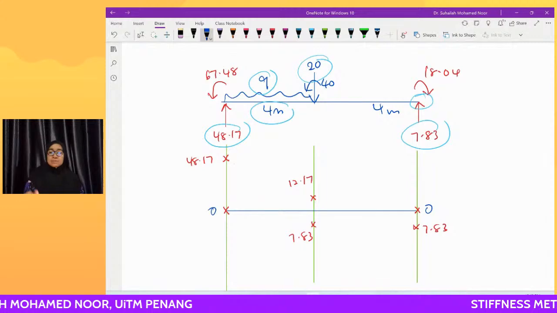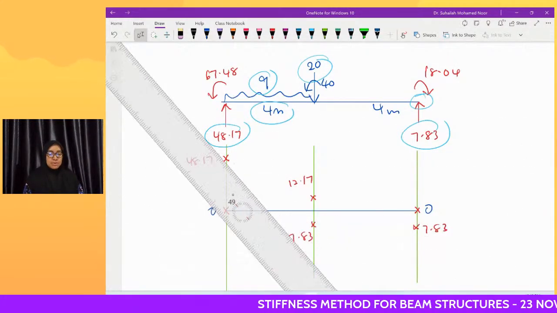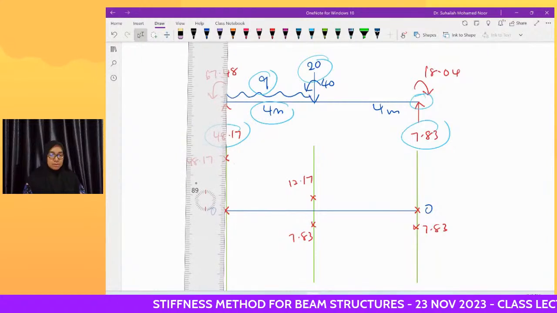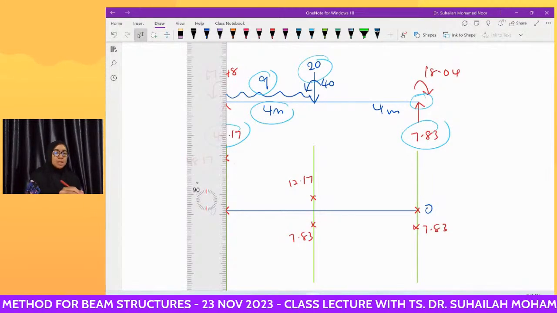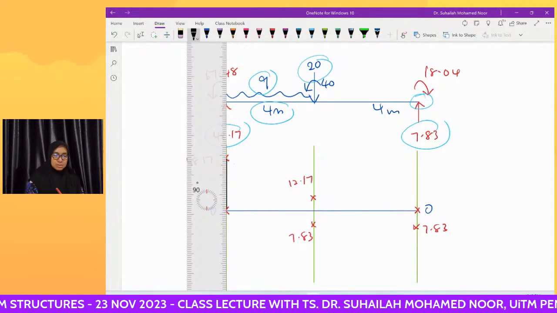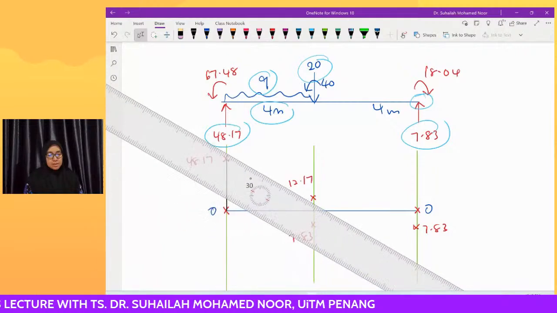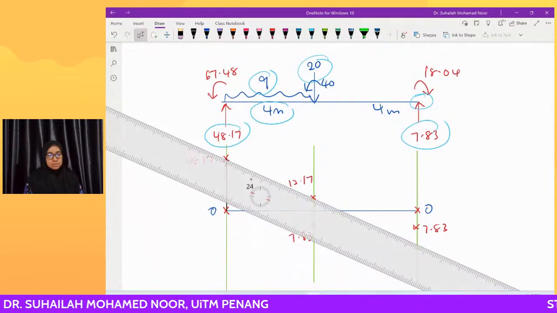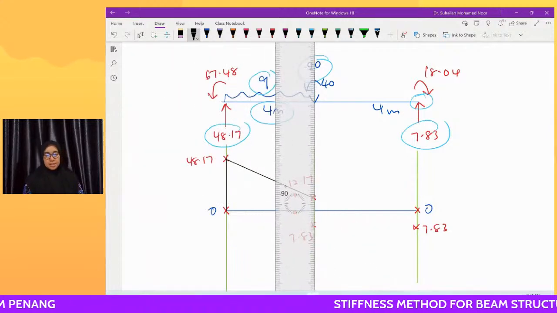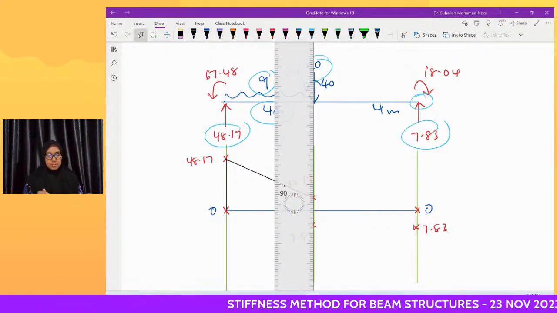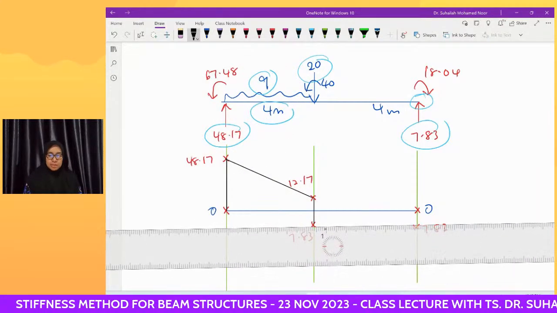Then we will join all these dots. This one goes straight.